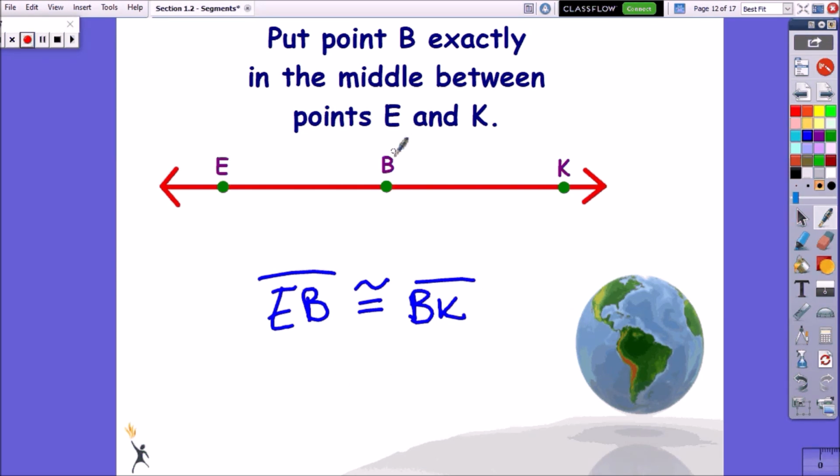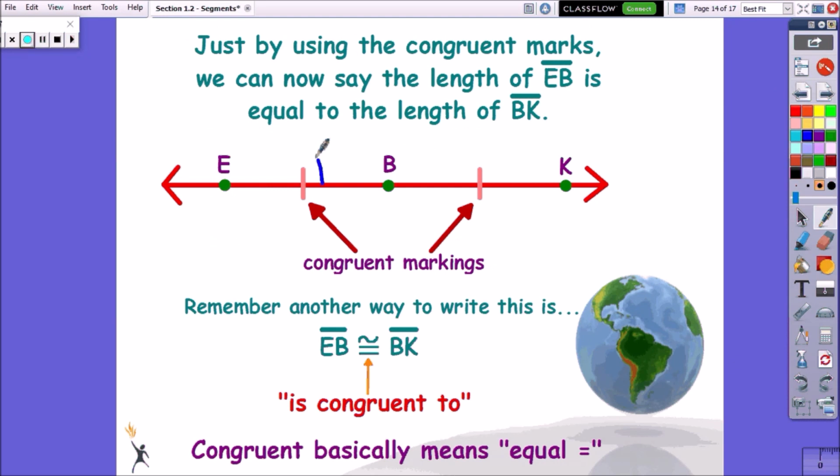I mean, it may certainly look like B is in the middle between E and K, and that this segment and this segment would be equal to each other, but there is no indication that that is necessarily true, the way that this is expressed. Now, if I see those markings on there, those markings are telling me geometrically that is true information. Okay, so you have to see those markings, or you may see a vocabulary word used.